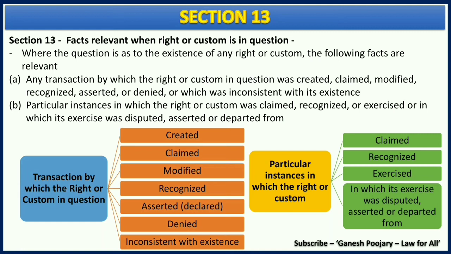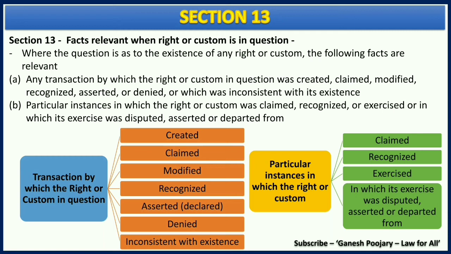Now somebody says no, this is not your right, or no, this is not your custom, that also becomes a relevant fact. Or inconsistent with existence. Somebody says this is my right and this is how it is, but when they checked, it is not exactly the way the person has explained his right.